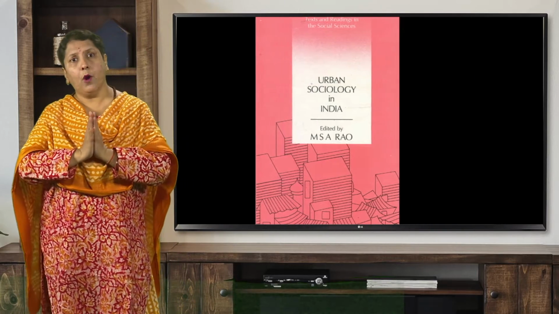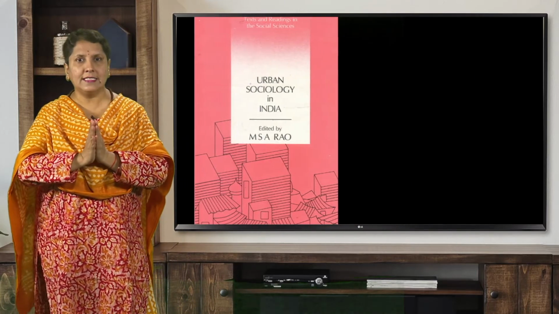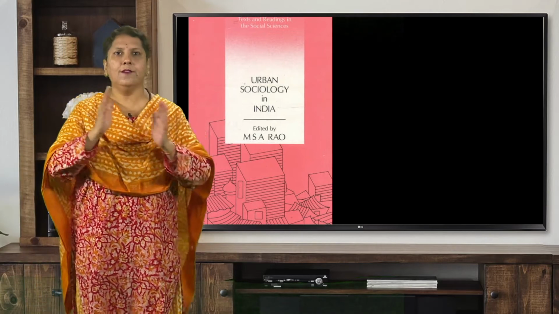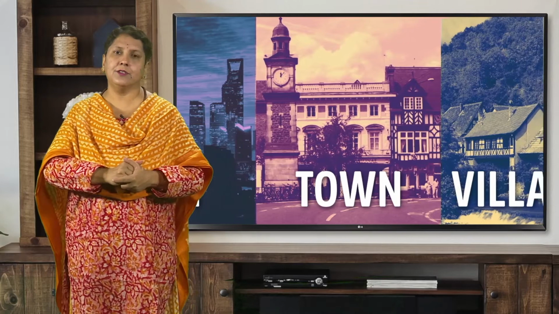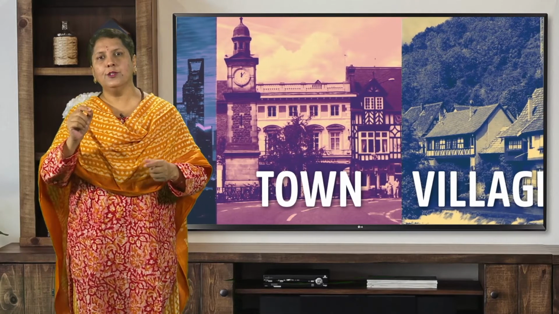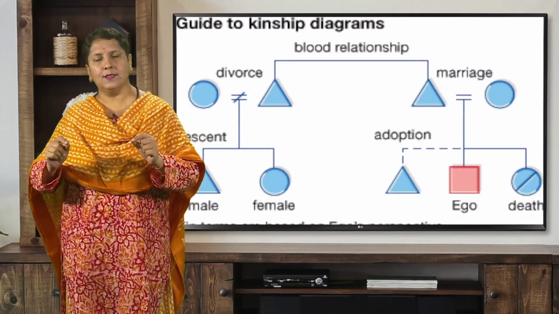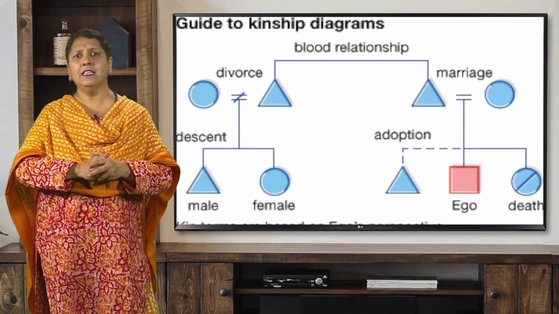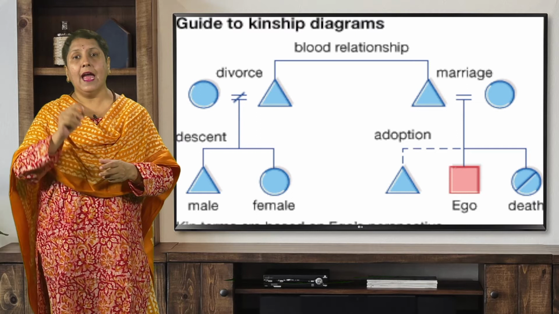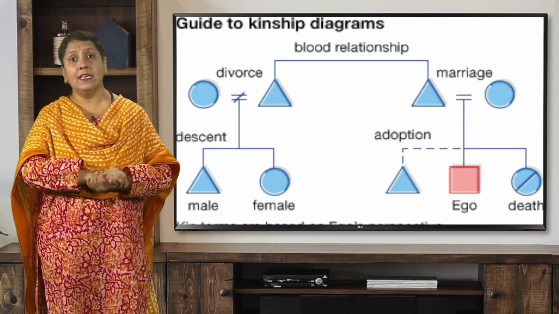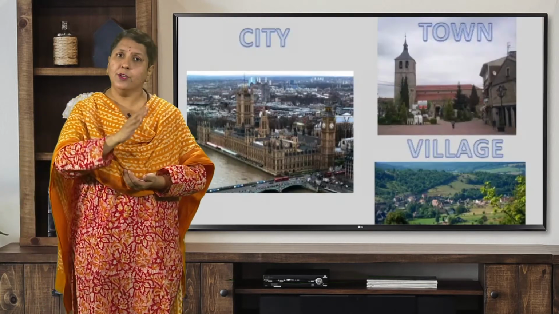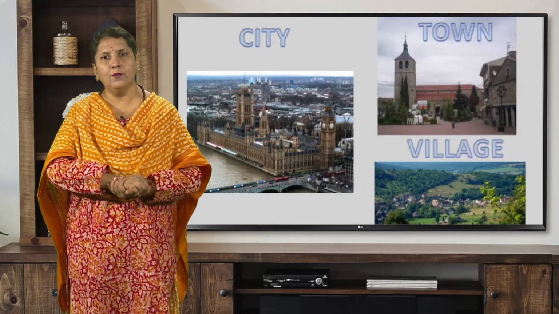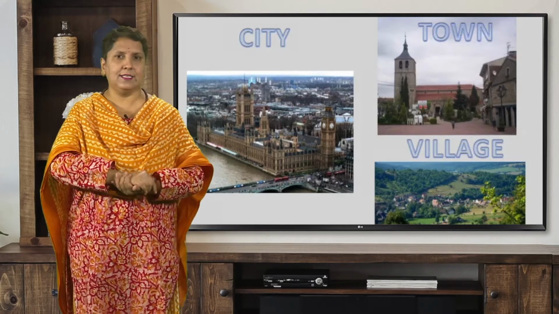M.S.A. Rao points out in the Indian context that although both village and town formed part of the same civilization, characterized by the institutions of kinship and caste system in pre-British India, there were certain specific institutional forms and organizational ways distinguishing social and cultural life in towns from that in villages.